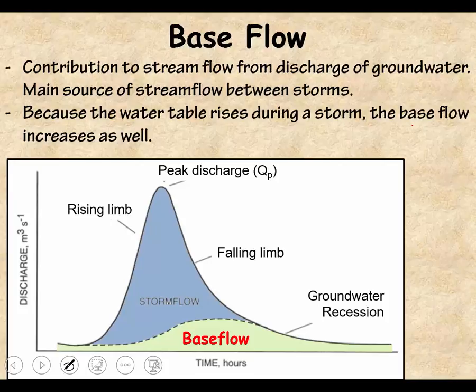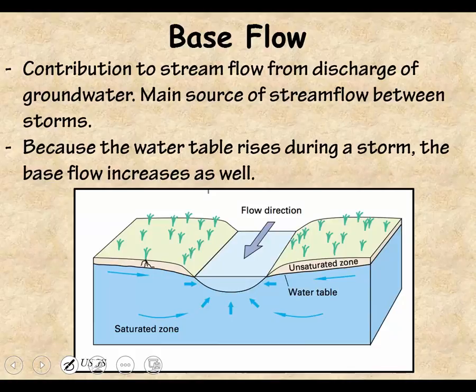Now, in this particular example, we've just separated the hydrograph into storm flow and base flow. And notice the base flow rises. The reason for that is that there's infiltration going on here, and that's causing more water to discharge.